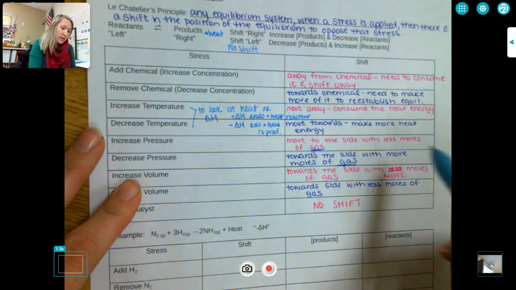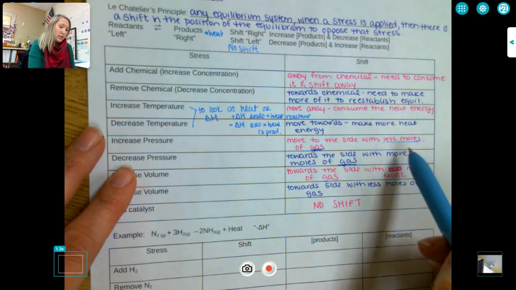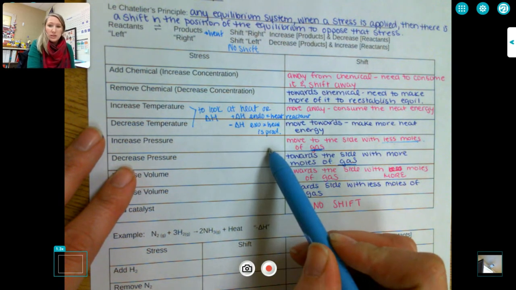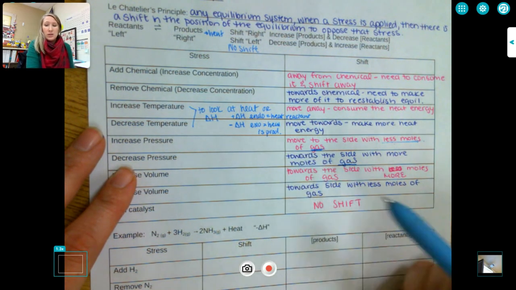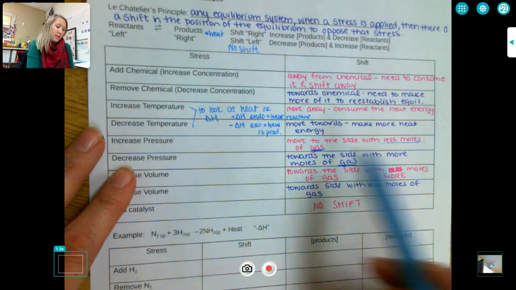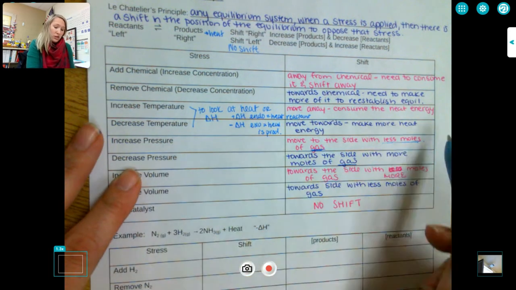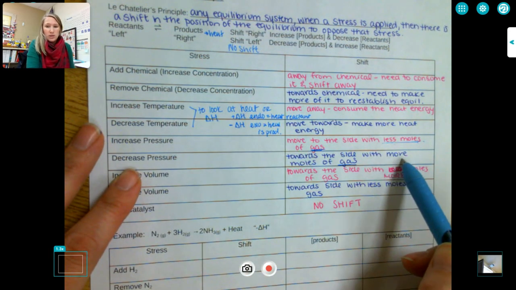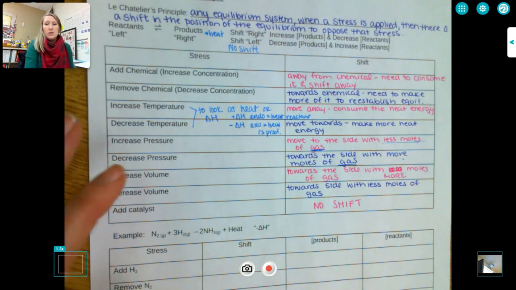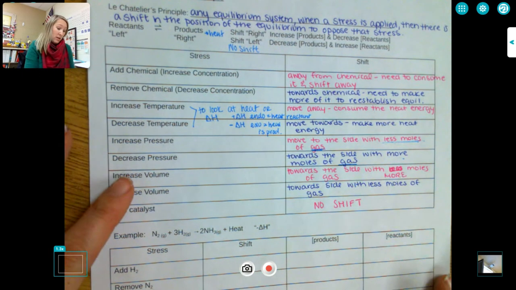So I'm going to move to the side with less moles of gas if I increase the pressure. So I have to look to see what gas molecules are in my reaction, and look at the coefficients in front of those to see how many moles of gas molecules I have on the left and on the right. Opposite, if I decrease the pressure, then I can go to the side with more moles of gas, because I have less things moving around. I can handle more moles of gas hanging out in my container.